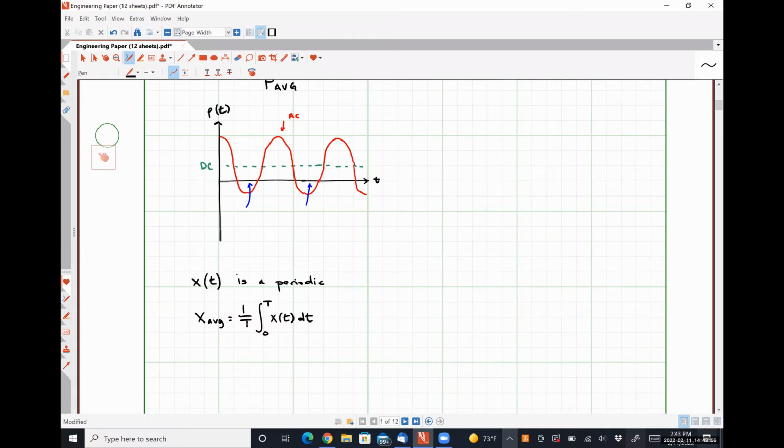Does that make sense? So we take the area under the curve, and then we divide by the duration of the period, and that gives us our average value.